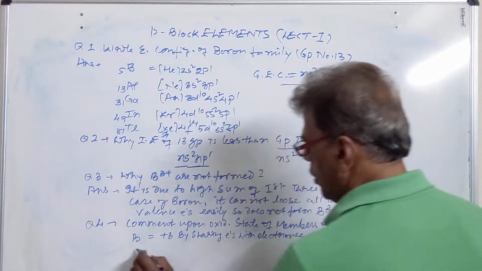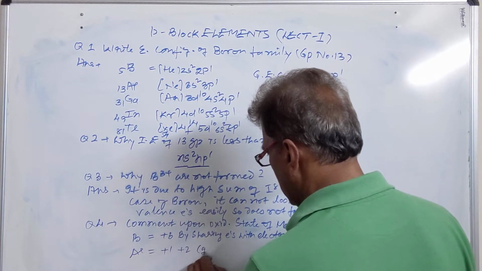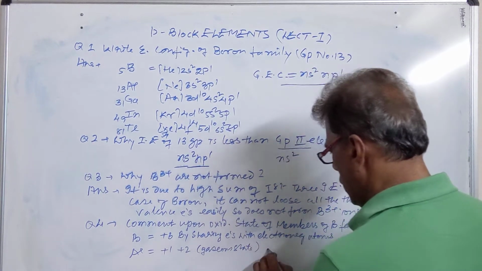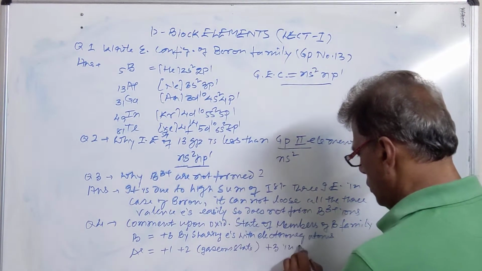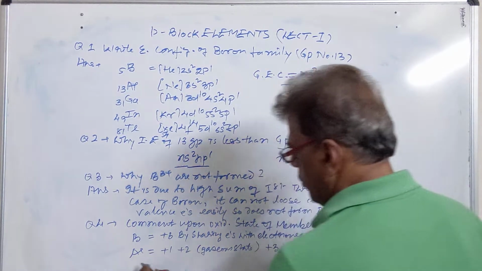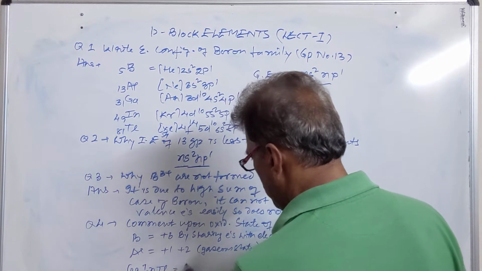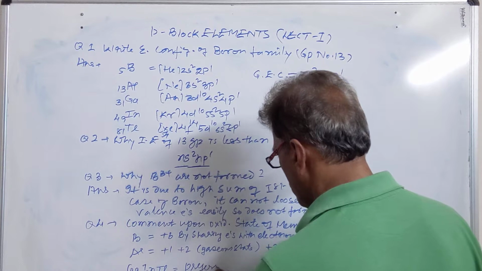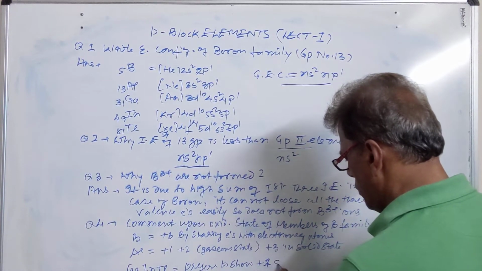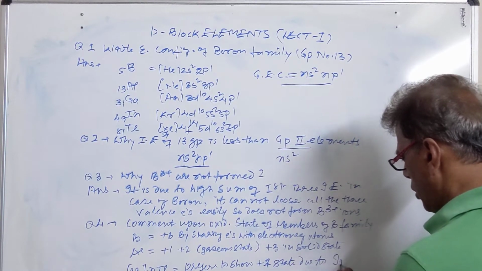Aluminium can show +1, +2 in the gaseous state, +3 in the solid state, while gallium, indium and thallium prefer to show +1 state due to inert s pair effect.